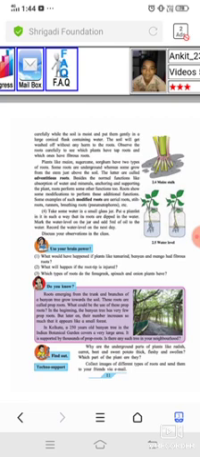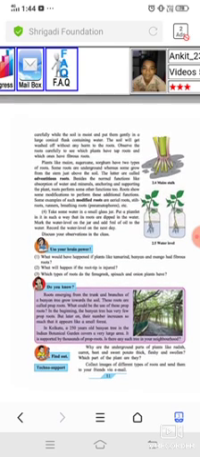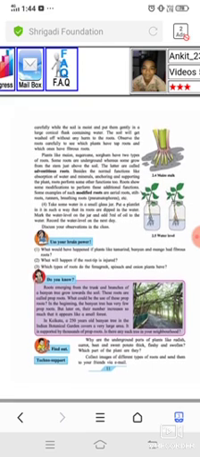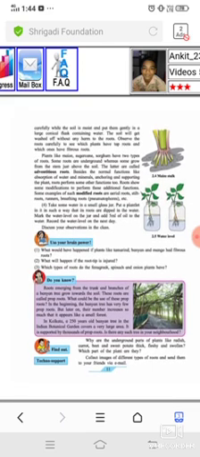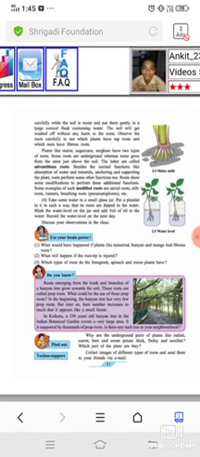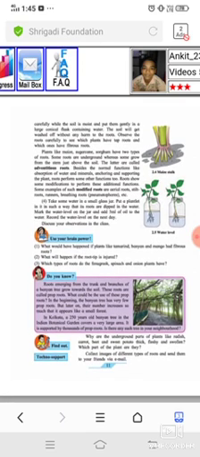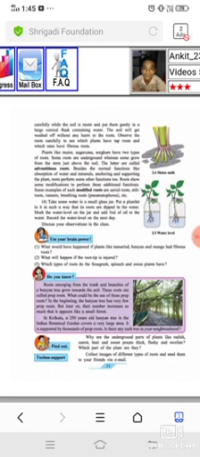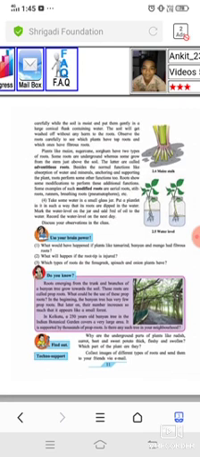So some roots have modifications to perform these additional functions. Some examples of such modified roots are aerial roots, stilt roots, runner roots, breathing roots, pneumatophores.